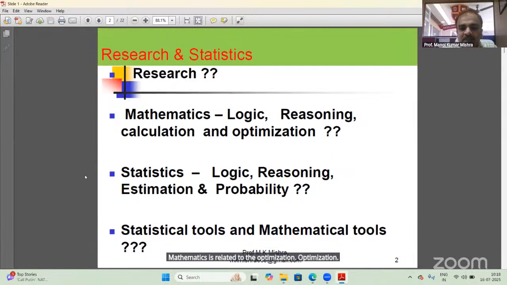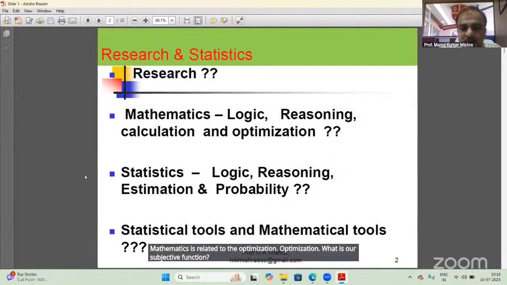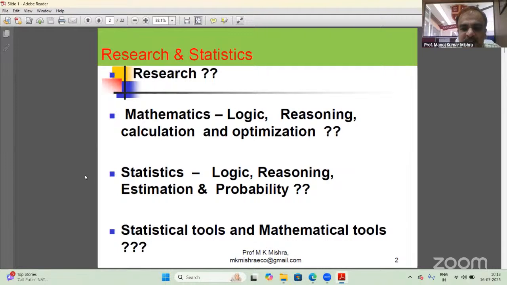What is our objective function? Our objective is given, and the constraints are given. Under which conditions you have to achieve your objective, that is based on this. Maxima, minima, you can apply operations research, integration, differentiation, all those things in research.